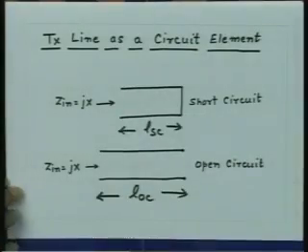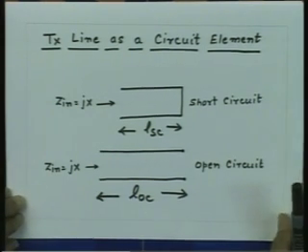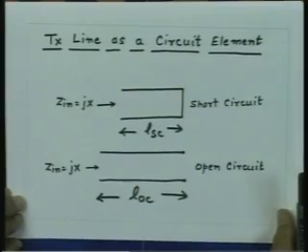Now, since we are investigating the quality factor, no matter how small the loss is in the transmission line, we have to account for that loss, then and then only we will be able to get the correct answer for the quality factor. So, we investigate now the input impedance of the transmission line when the length is multiples of lambda by 4, and from there then we find out the quality factor of the resonant sections of transmission line.